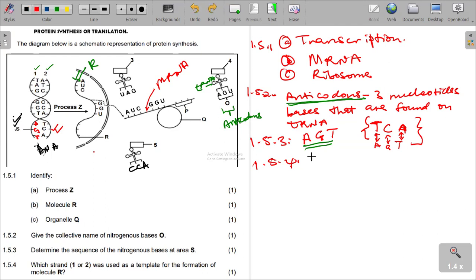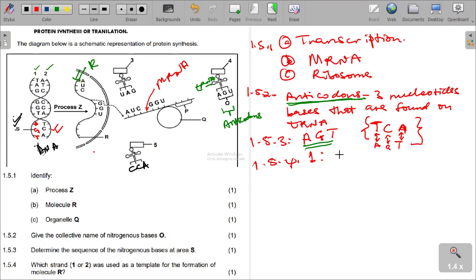The reason strand 1 was used, I'm saying, get it right, is that you consider the order of the nitrogen bases that are found on mRNA versus the DNA. So let me just give our DNA molecule, which is here as the strand.